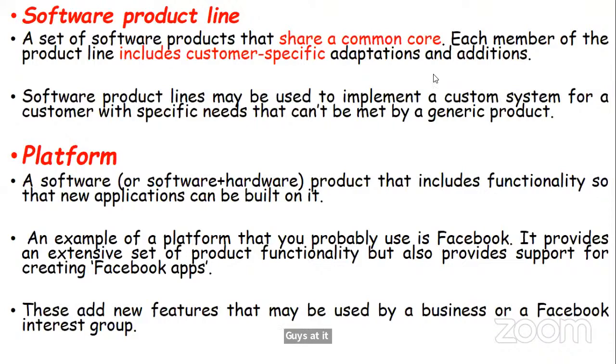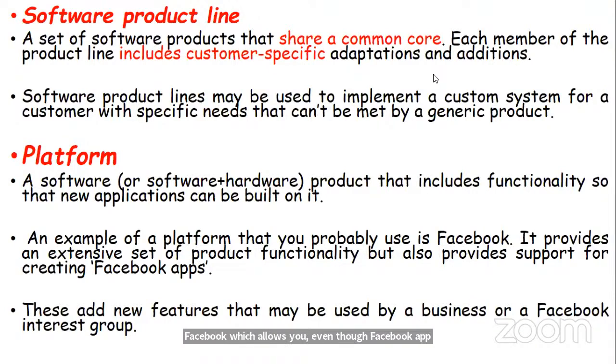So let's go. Platform. We have seen product line. A platform is a software or software plus hardware product that includes functionalities so that new applications can be built on it. An example of a platform that you probably use is Facebook, which allows you to develop Facebook apps.